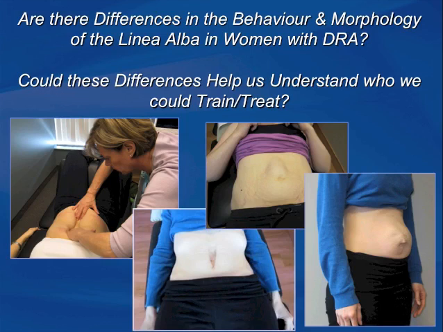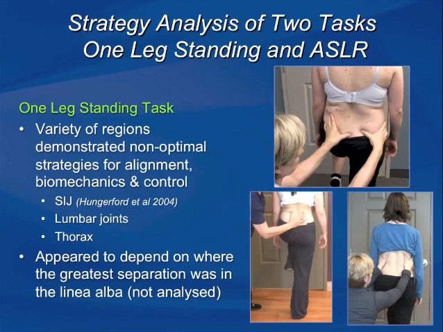So we use two evidence-based tests to screen for load transfer. The first one is a one-leg standing task, and there's minimal data, but there's a little bit of data looking at the sacroiliac joint in this task. And what we found, surprisingly initially, was that a number of different regions demonstrated non-optimal strategies. And remember, that means non-optimal alignment, biomechanics, or control.